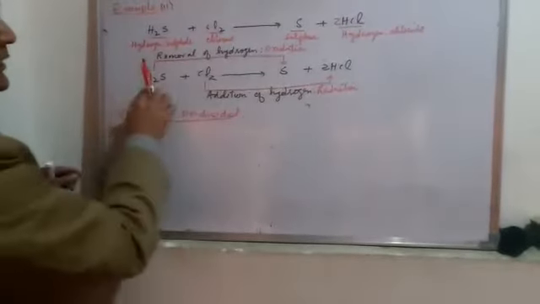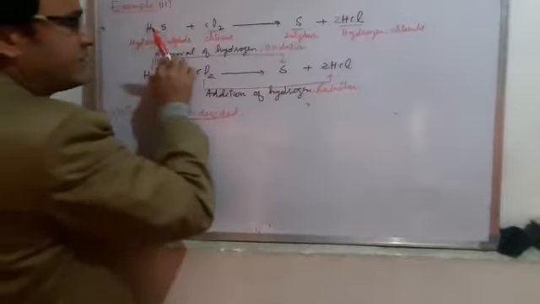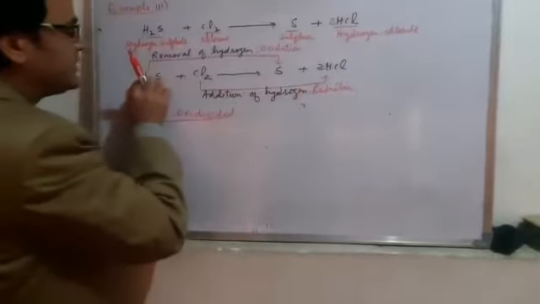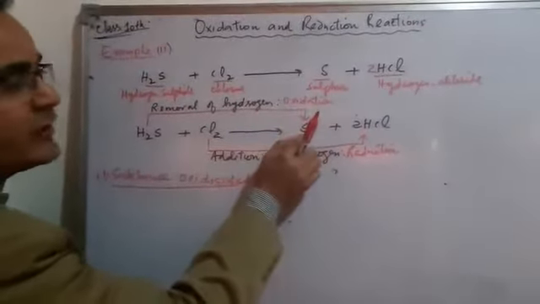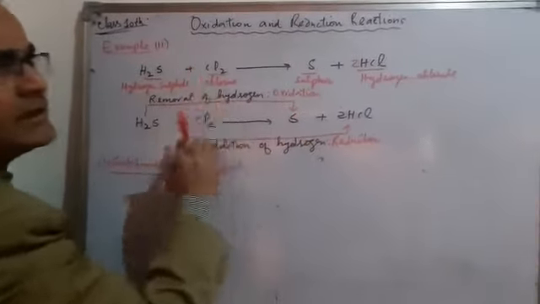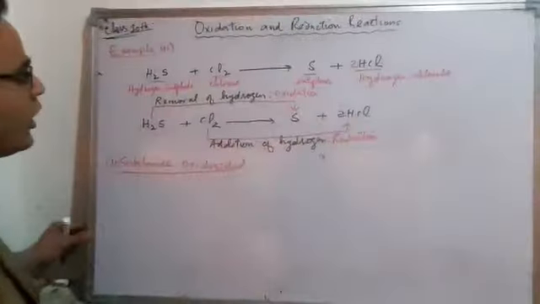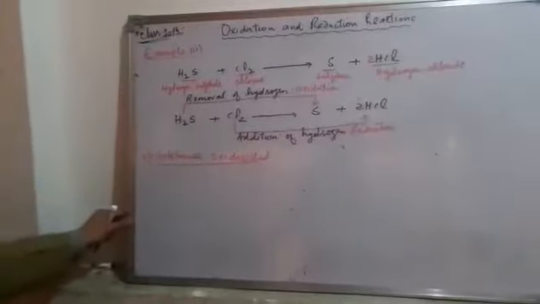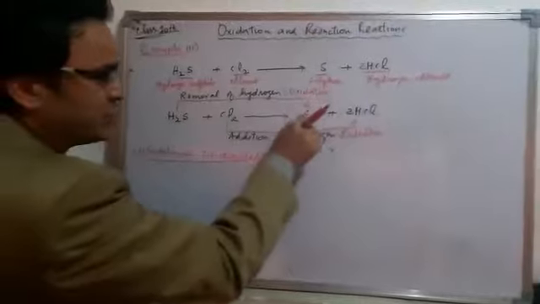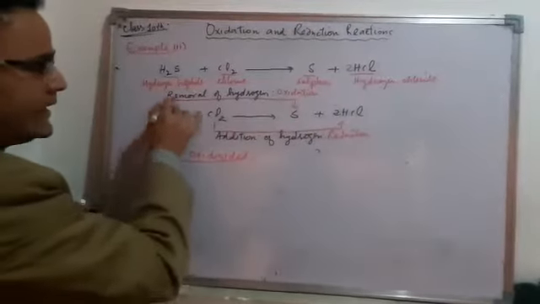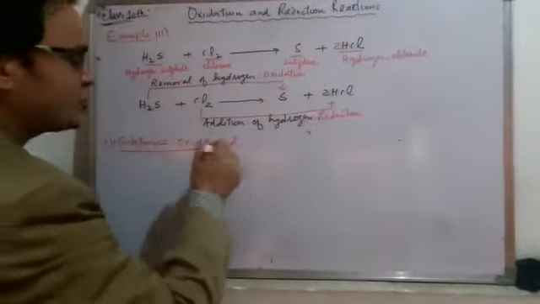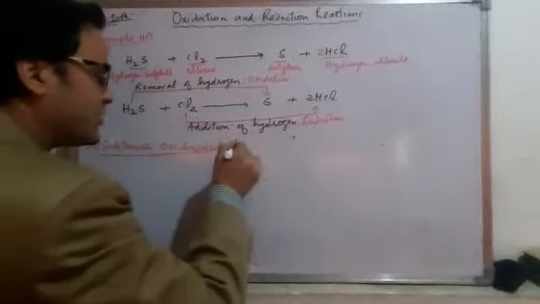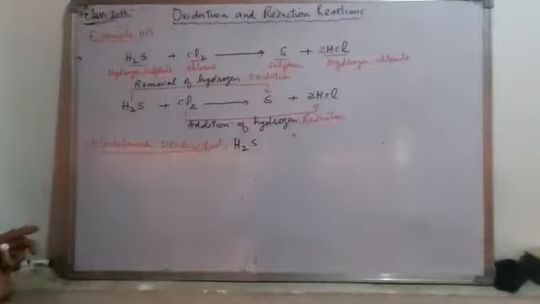Okay, here H2S is changing into S. That means hydrogen sulfide is being oxidized to sulfur, because here hydrogen is being removed. Hydrogen sulfide is changing into sulfur, and this is the substance where oxidation takes place. So here oxidation takes place. So H2S is the substance oxidized, H2S.